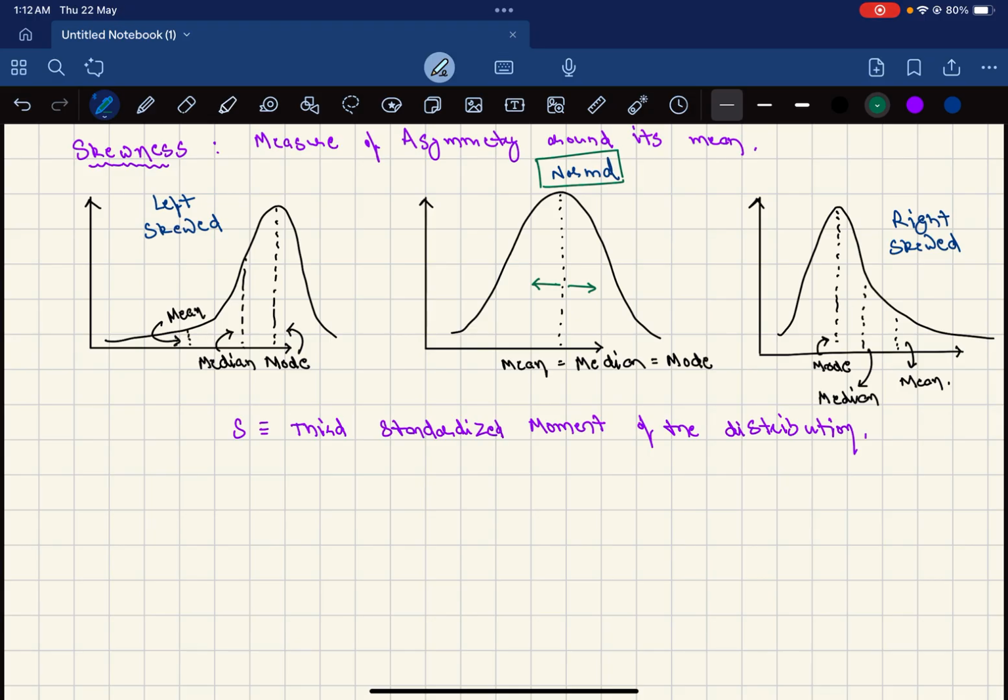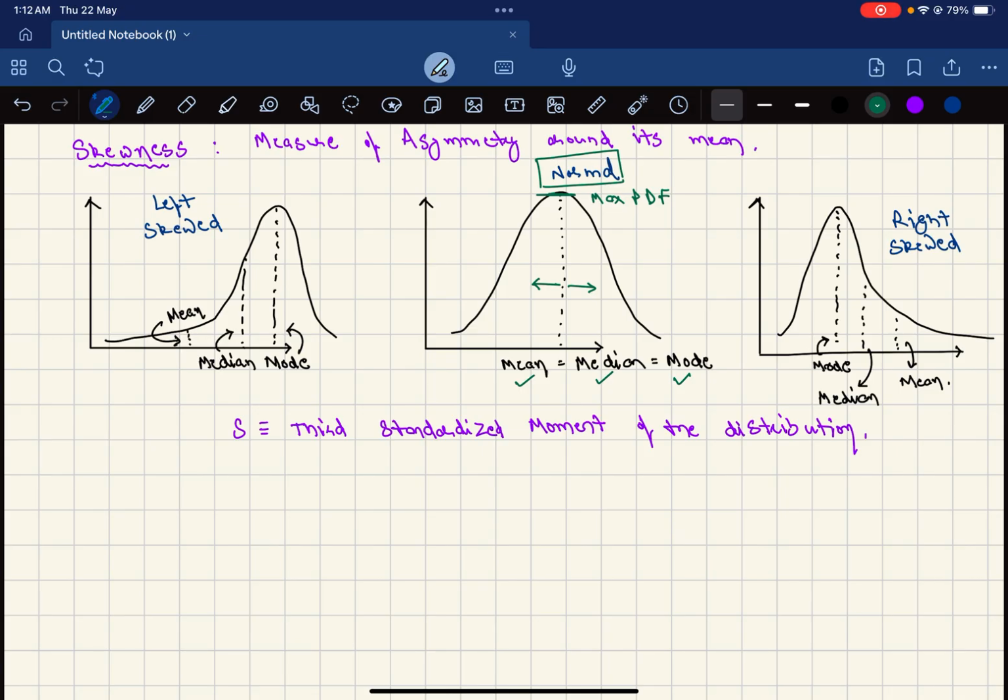And since this is the peak here, the max PDF value is achieved here, and therefore this is the mode of the distribution as well. And since this is the middle value, this is the median of the distribution as well. And since the distribution is symmetric about this particular value, the mean would also come in the middle, and therefore for a normal distribution, all three central measures of tendency, which are mean, median and mode, are equal to each other.